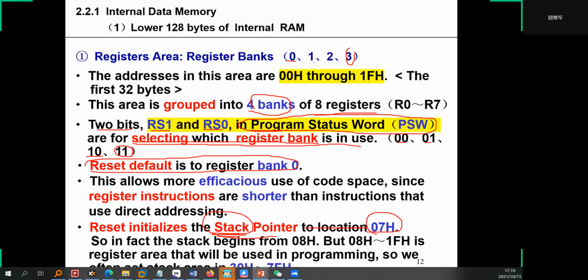So if we reset or start the microcontroller, the stack pointer is 07H. In fact, the stack begins from 08H, but 08H to 1FH is the register area that will be used in programming.